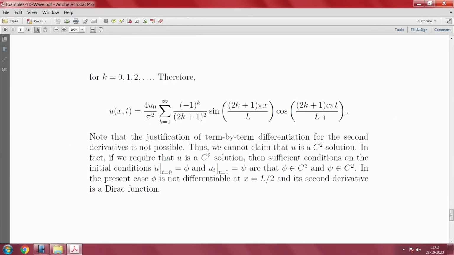So, remark is that u is not a C2 solution. Okay. So, this is limitation of the separation of variable method.